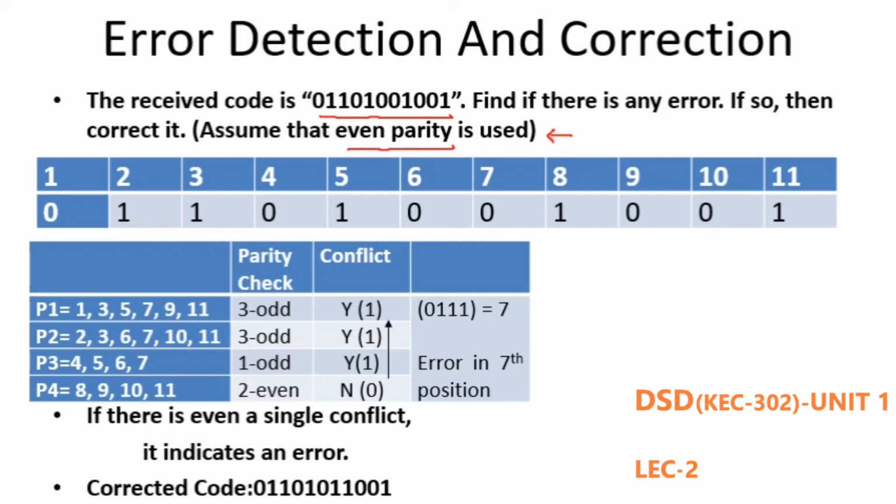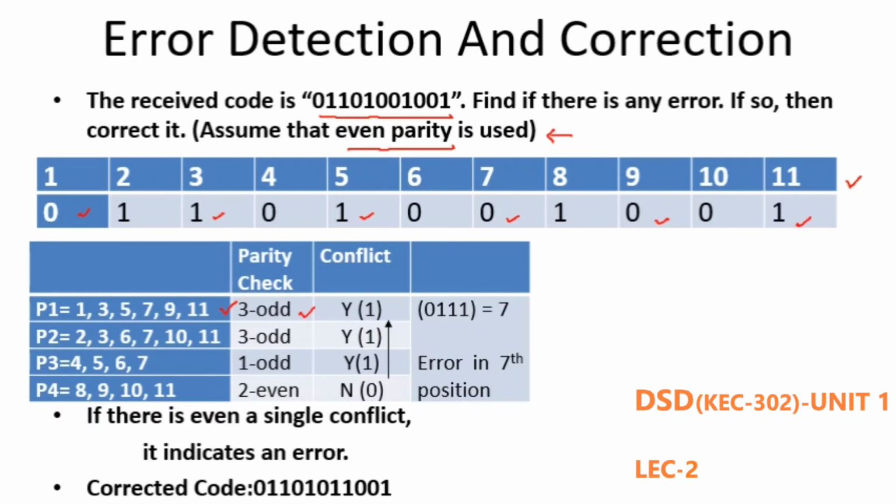Okay, so using this, the receiver has arranged these 11 received bits in this format, and then using the same bit combinations which were used at the transmitter, 1, 3, 5, 7, 9, 11. So if I check positions 1, 3, 5, 7, 9, and 11, I can see that the total number of ones at these 6 positions is 3. 3 is odd.